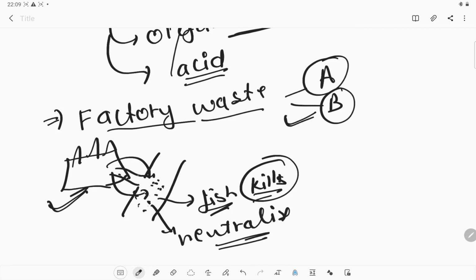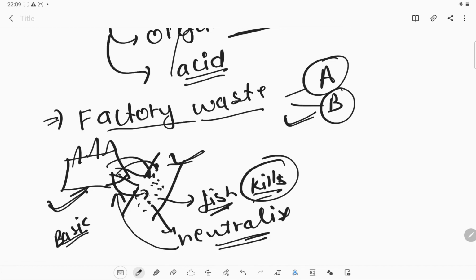If it is too acidic, we can add some base to it and neutralize it, and then release it into the water bodies. If it is basic, we can add some acid to it, neutralize it and then send it to the water body. This will be more helpful for us.